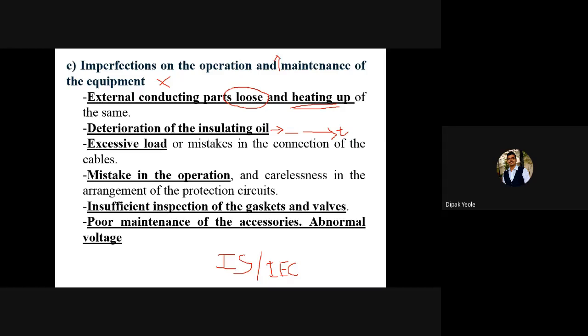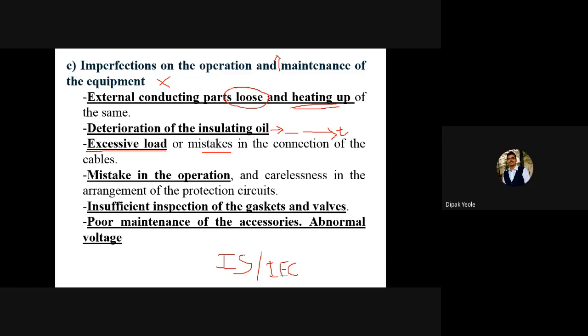The third is excessive load or mistakes in the connection of cables. So if you are making a misconnection for particular joints, or making the connections for the transformer, then there can be a failure of the transformer. If you put excessive load on your transformer, then also there can be a failure, because you are not taking care of the capacity.